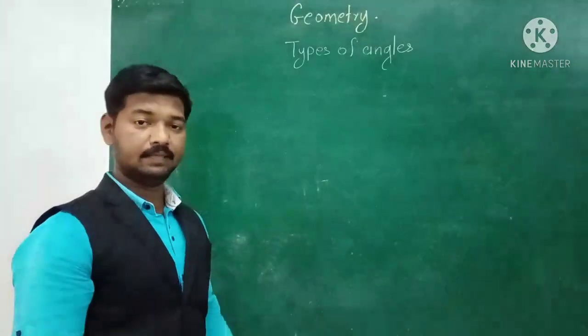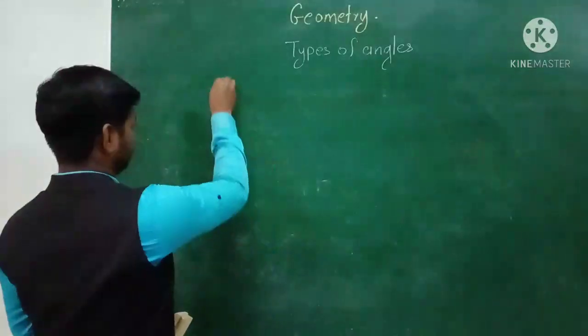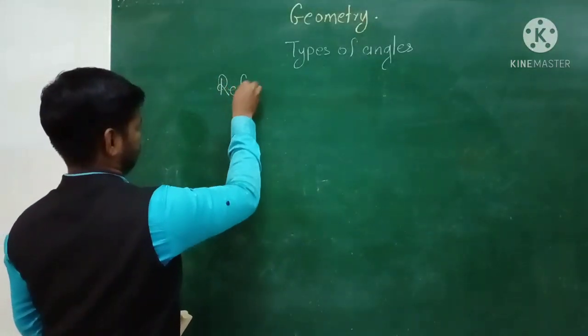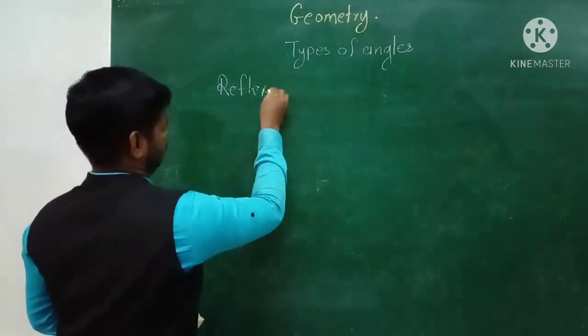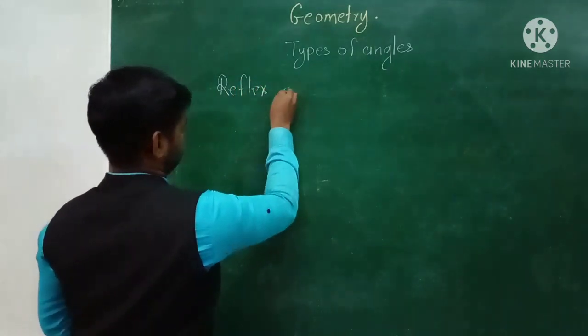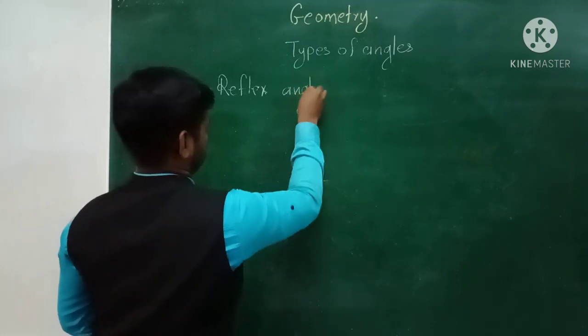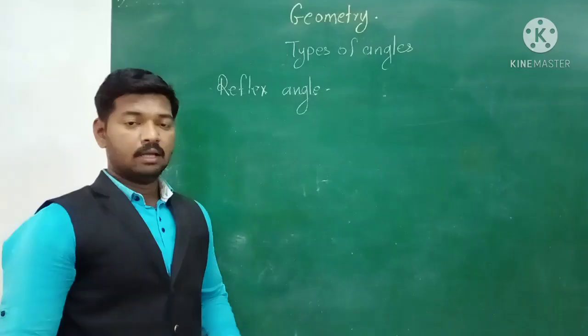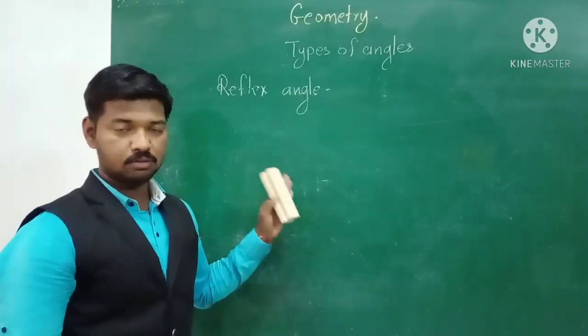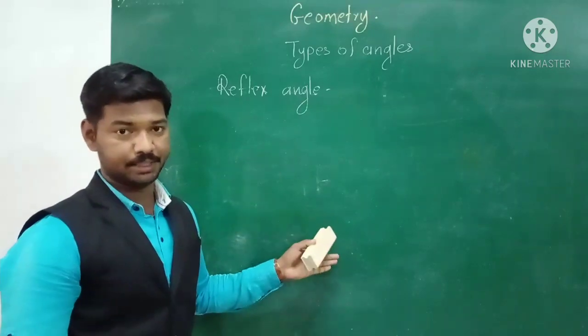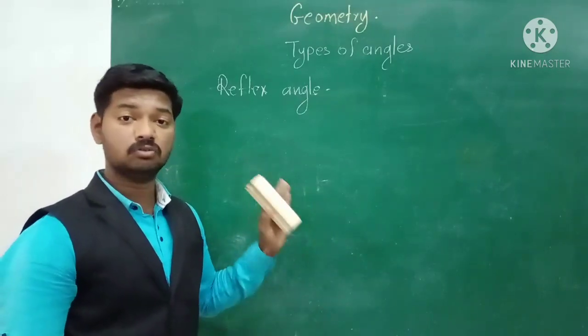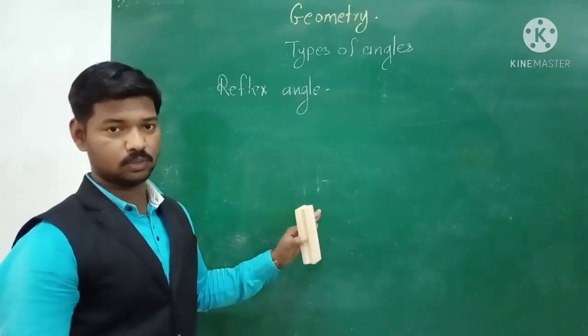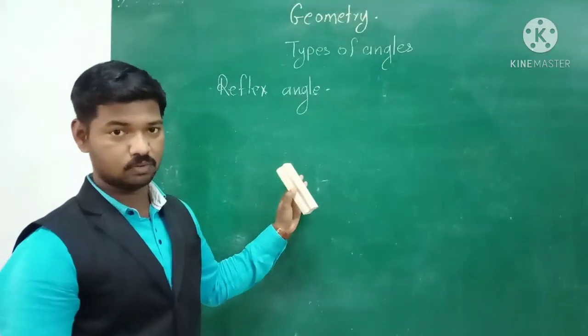Then we will see reflex angle. An angle which measures more than 180 degrees but less than 360 degrees is known as reflex angle.